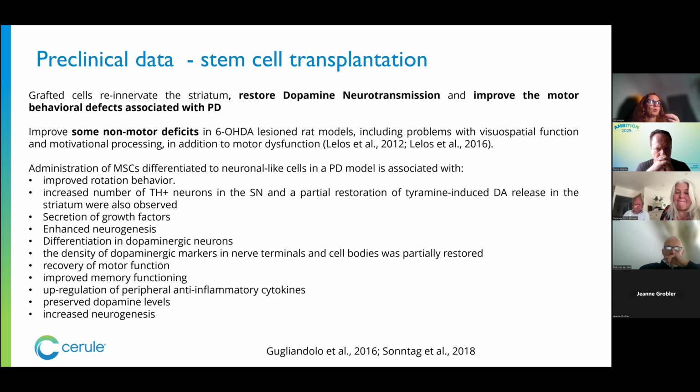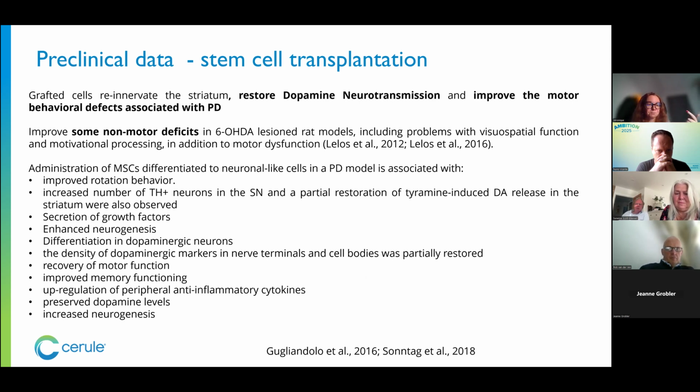So it's a model that will trigger Parkinson's as we have in humans. What we know is that stem cell mobilization and stem cell injection will restore dopamine neurotransmission and improve the motor behavioral defects. As we have seen for Alzheimer's disease, it will also enhance neurogenesis.